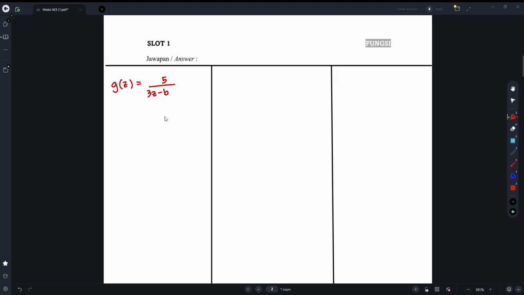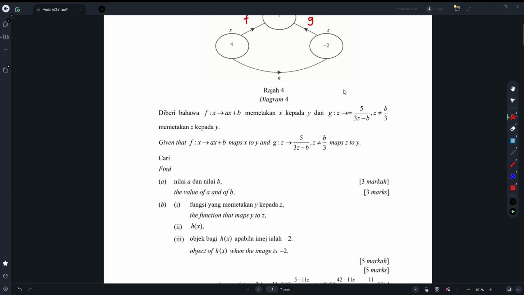In this function, we only have one unknown, which is b only. The other function, f(x) equivalent to ax plus b, has two unknowns, a and b. So it is always recommended to start with the fewer unknowns. The best is to start with the function g(z).